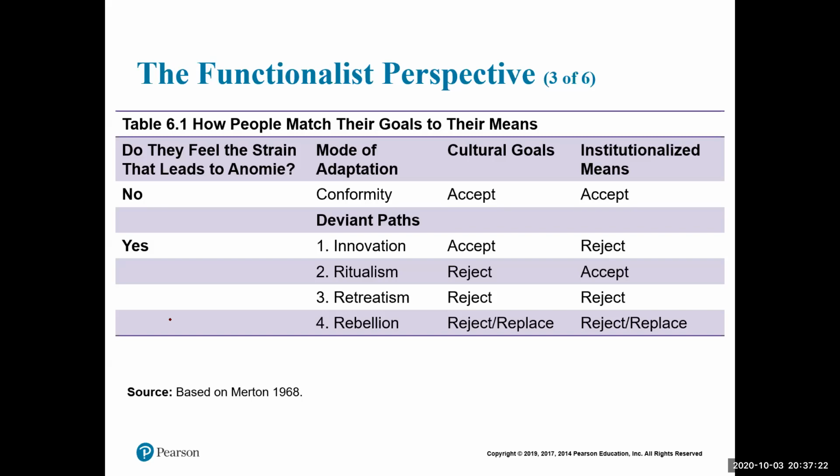Or 2, ritualism, where you reject cultural goals and accept institutional means. Number 3 is retreatism, where you reject both. And then the 4th one is rebellion. You're going to reject both, but you're going to replace it with something. So you're going to replace whatever that strain may be to fit what you might work with.